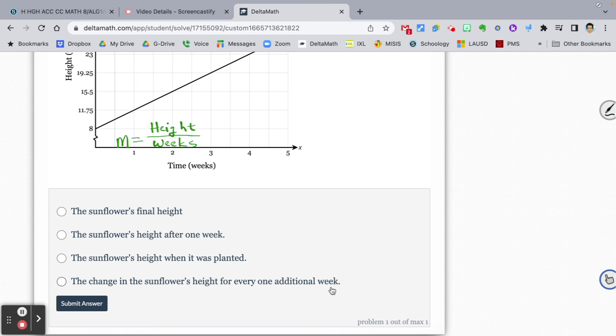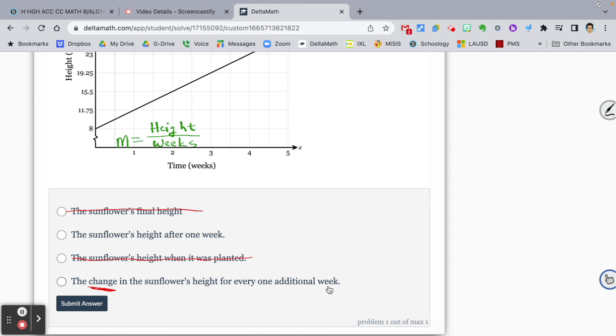That seems reasonable too. Which one do you think is the correct answer? The sunflower's height after 1 week, or the change in the sunflower's height for every 1 additional week? Which one do you think seems better? Definitely, I would say not this one. Not this one. I think the change is the word you want to see in there, because a rate of change measures change, how much it's growing per week.